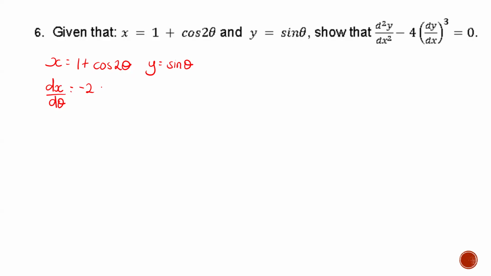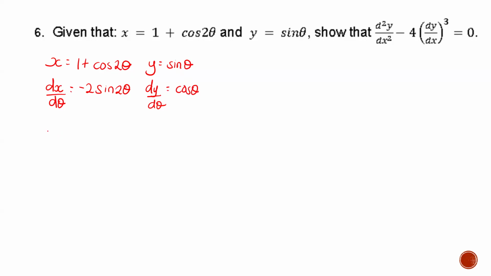So negative 2 sine theta. Then dy d theta here will give us cos theta, right? Because the derivative of sine is cos, there's no negative.